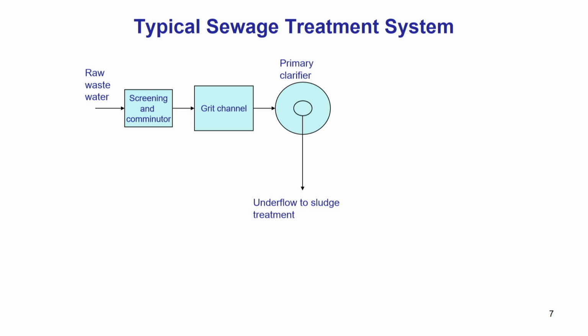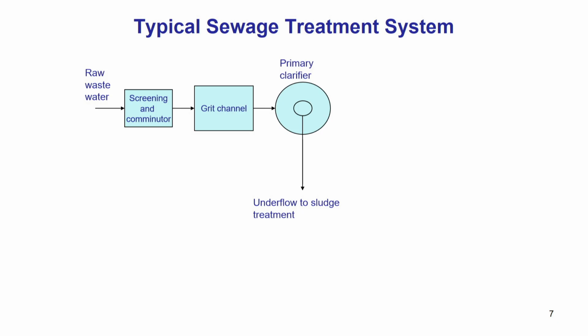So based on their specific gravity, we design the grit channel in such a way that only the inorganic impurities are removed. However, in practice, we can also expect some larger organic impurities to be removed, but mainly it comprises inorganic sludge.